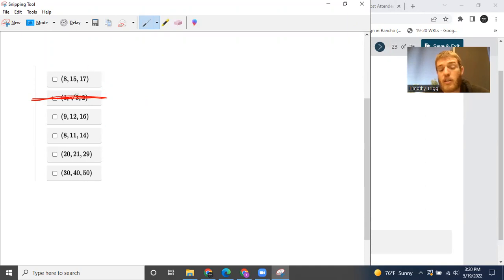Let's check the first set of 3 numbers here, 8, 15, 17. So you would do 8 squared plus 15 squared, and I want to see, does this equal 17 squared? Now 8 squared is 64, because 8 times 8. 15 squared is 225. Plus 225.